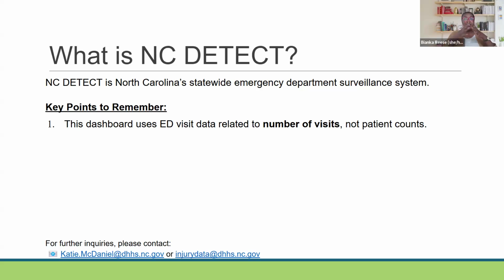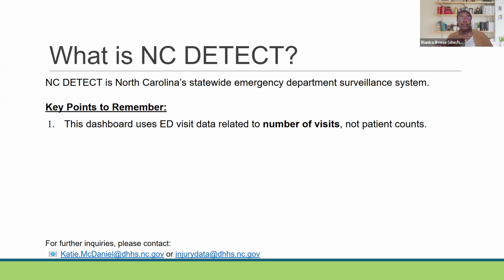The NC Detect data is what is used for the dashboards, and the dashboard that NCCASA created uses what's called visit-based data. So these are not counts of individuals, not counts of patients, but counts of the number of visits to the emergency department. So if one person comes to the ER multiple times, each visit is counted separately.